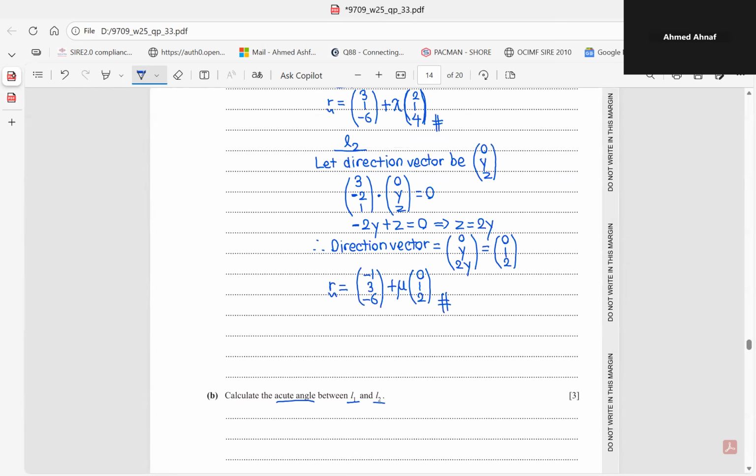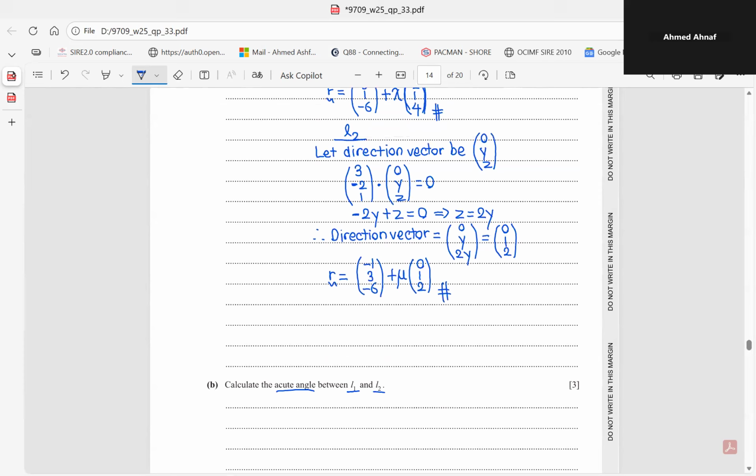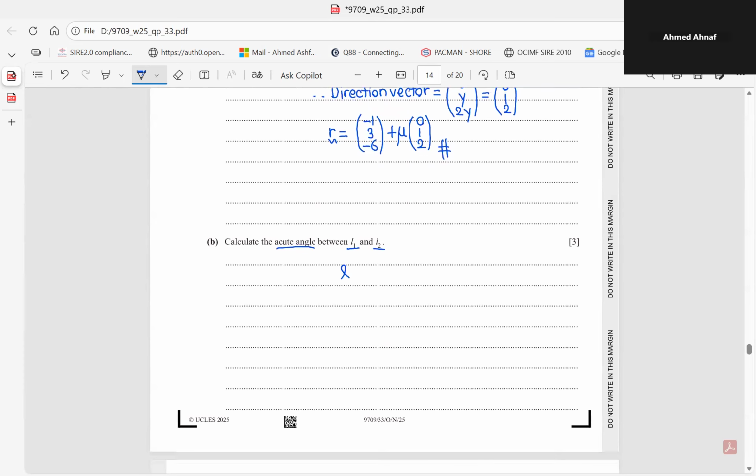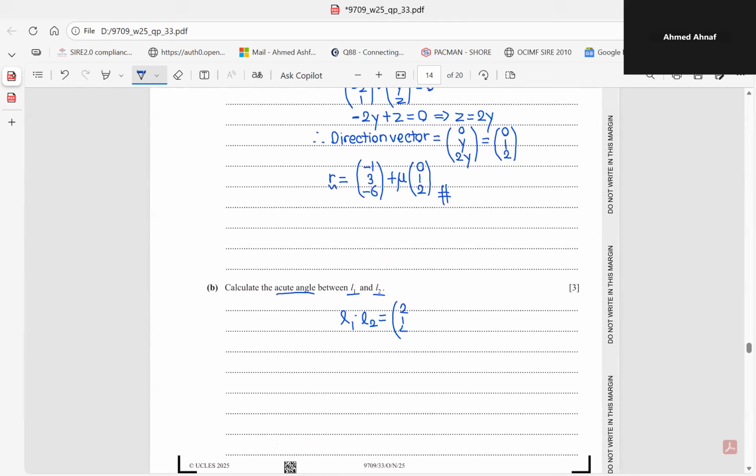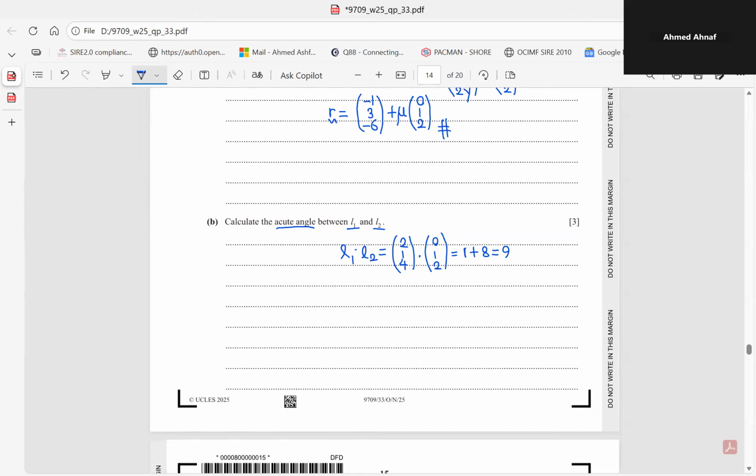So let's do it. L1 dotted with L2, that is (2, 1, 4) dotted with (0, 1, 2). You'll get 2 times 0, which is 0, plus 1 times 1, which is 1, plus 4 times 2, which is 8. And that would equal 9. Now we would find out what our modulus of L1 times modulus of L2 is.